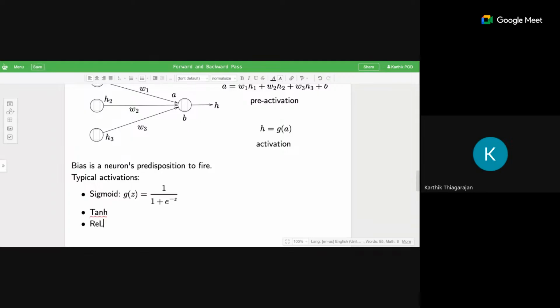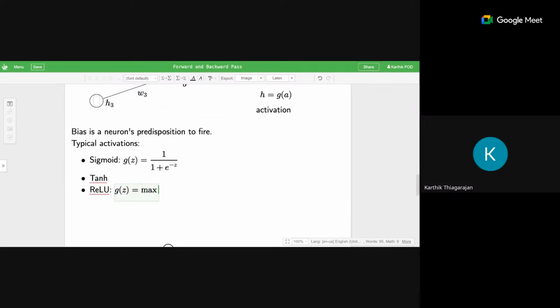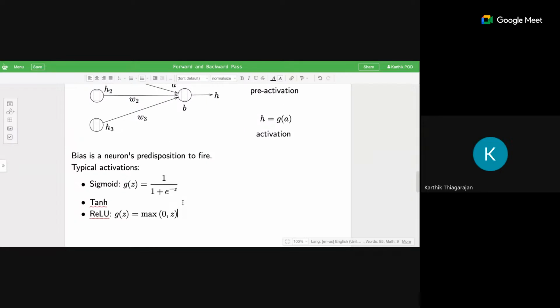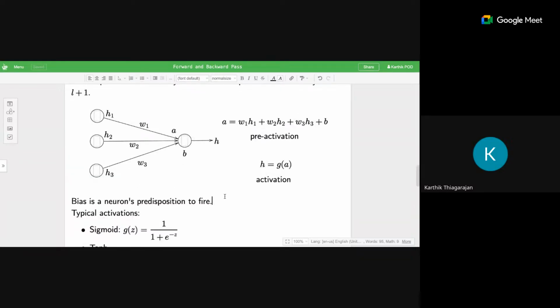But by far the most popular of all is ReLU. I don't know if you have been introduced to it, but very soon you will. This is nothing but the maximum of 0 comma z. If z is a negative value, it will be 0. If z is a positive value, it will be z itself. So these are some activation functions.